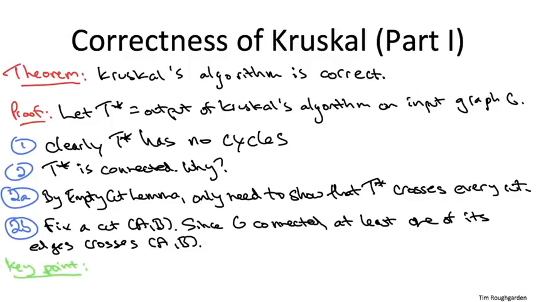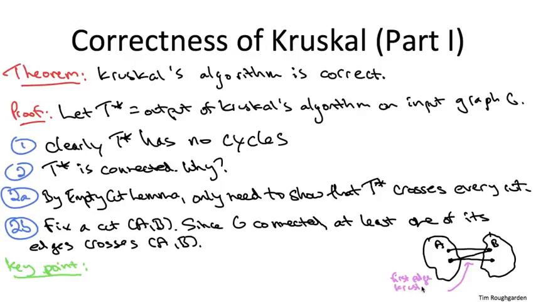Kruskal's algorithm, by definition, makes a single scan through all of the edges. That is, it considers every edge of the original input graph exactly once. So think about this cut AB, which has at least one edge of G crossing, and fast forward Kruskal's algorithm until the moment that it first considers an edge crossing this cut AB.